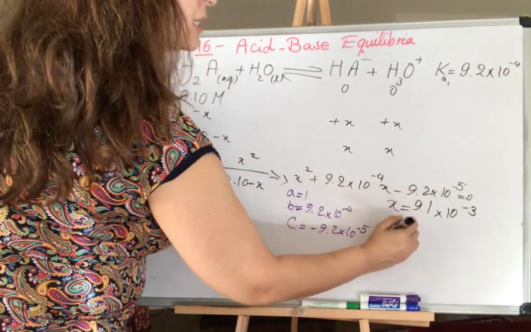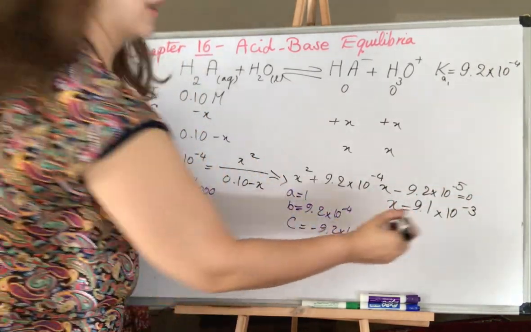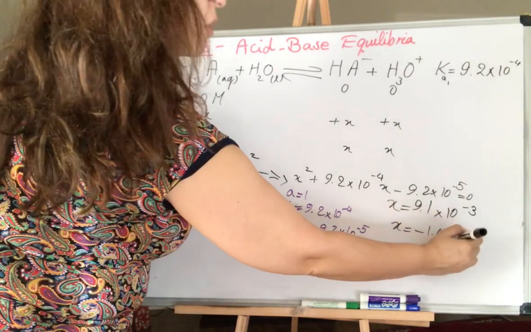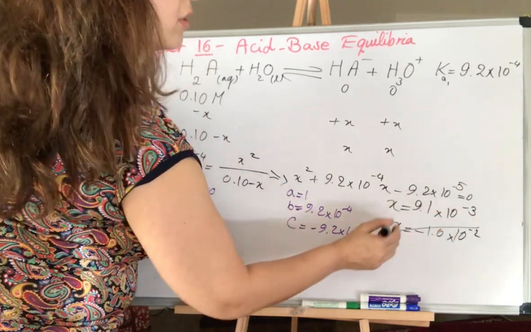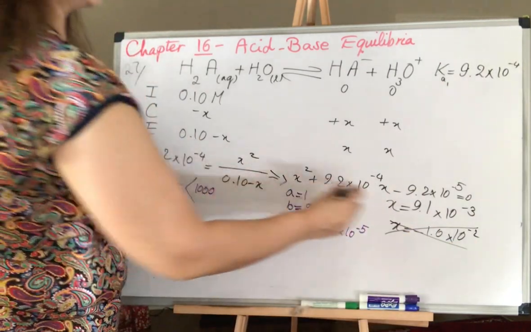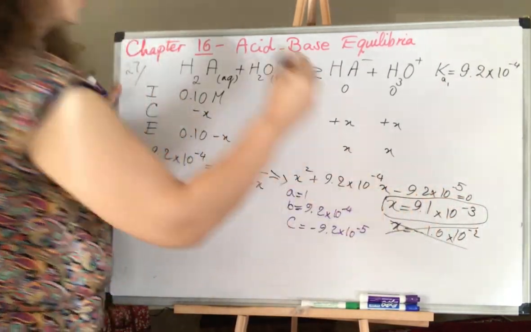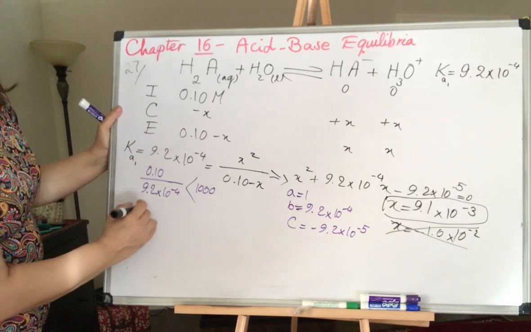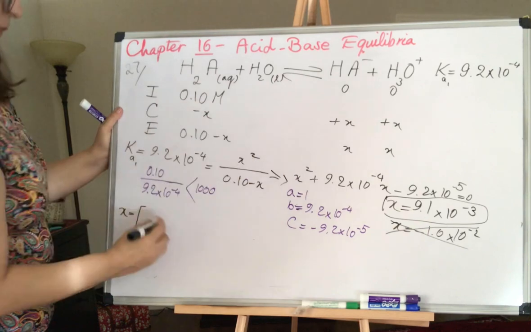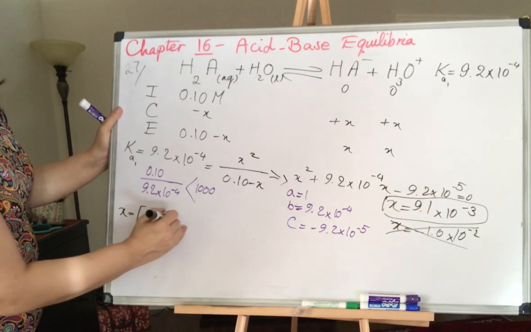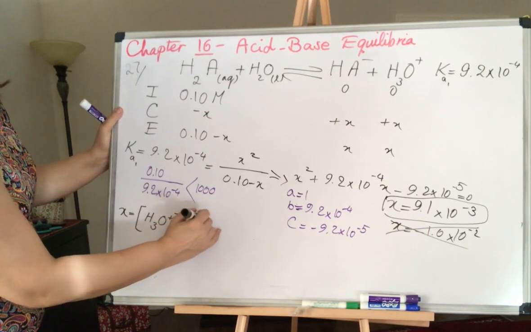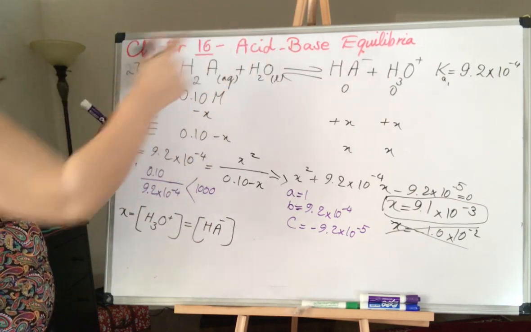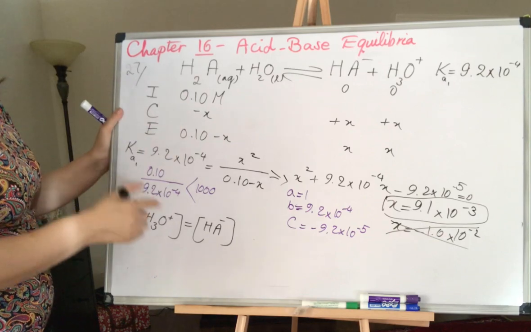So you get X, this amount, and minus 1.0 times 10 to negative 2. All right, so concentration cannot be negative, so you keep the positive one. Now, what was X? X was the concentration of H3O and HA. It's a little bit different now because you have more than one step.